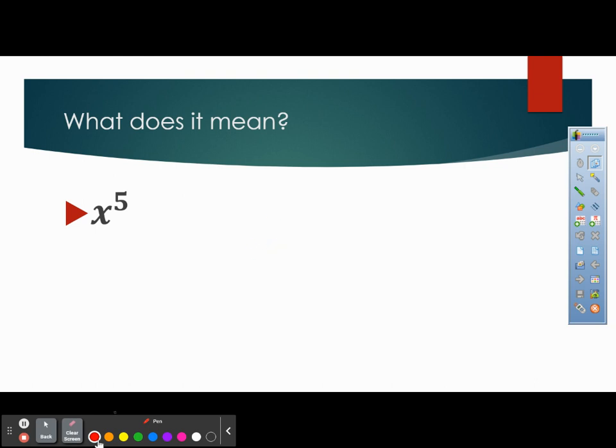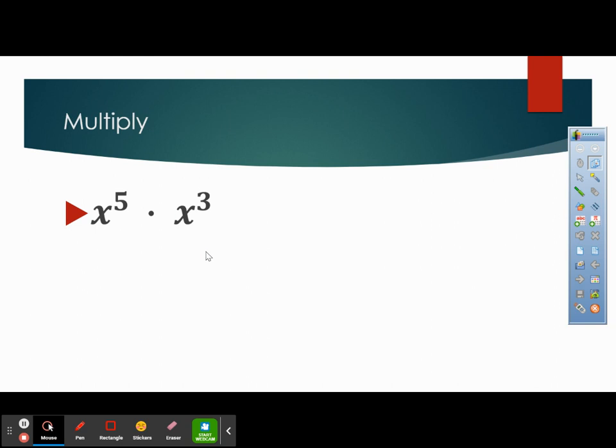All right, so this first problem on your paper says multiply x to the 5th times x to the 3rd. So we're going to write that out. For x to the 5th, you said that was 5 x's being multiplied by themselves: x times x times x times x times x.